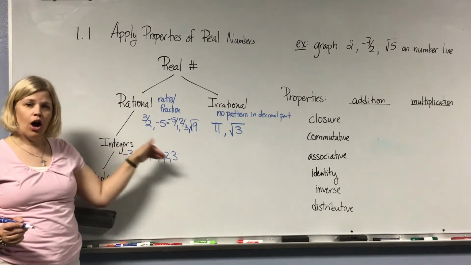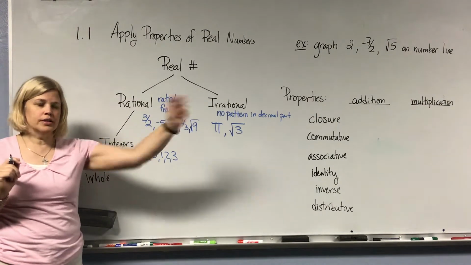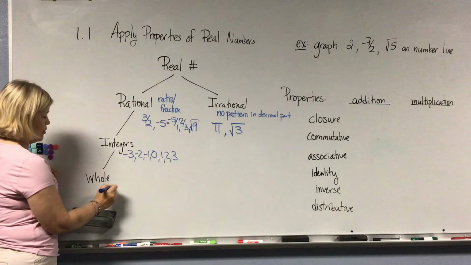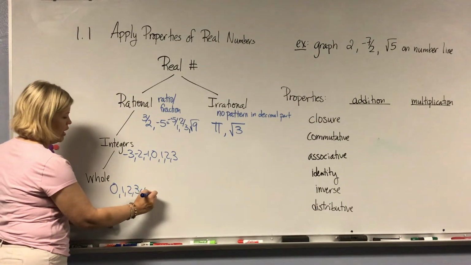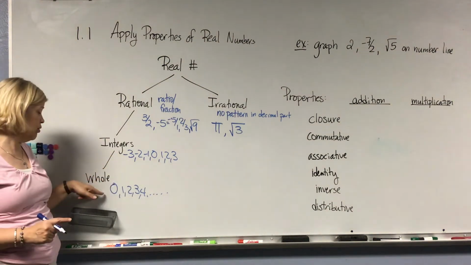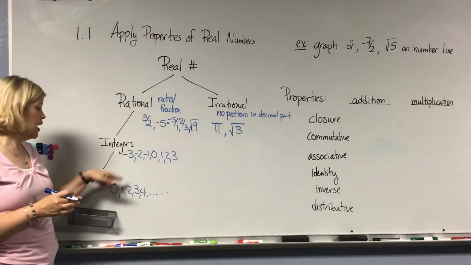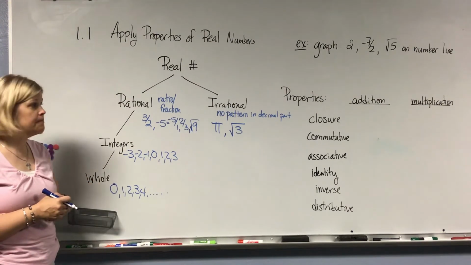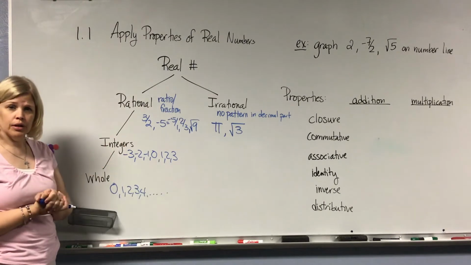Integers are kind of just those numbers without all the stuff behind them. Whole numbers are things like 0, 1, 2, 3, 4, and so on. And you might say, well, what do integers have that whole numbers don't have? I hope you just answered it in your head. The negative numbers. So those are the real numbers.